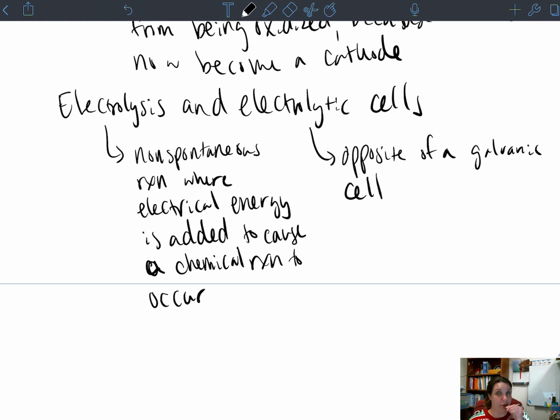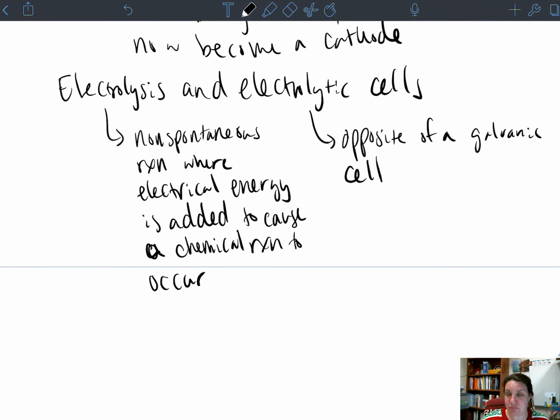But we still have our two electrodes, and the reaction occurs similarly to a galvanic cell.